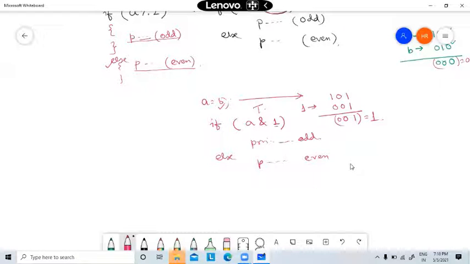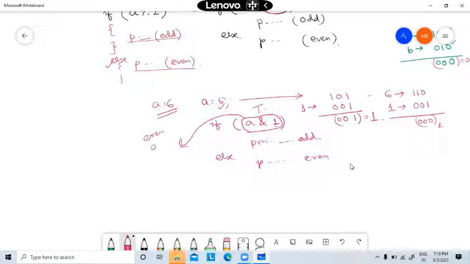Okay. Now suppose a is not 5, a is 6. It is even. So if I check the binary value of 6, it is 110, and the binary value of 1 is 001. If I perform the bitwise AND, it will give me 0. Okay, 0 means false, so it will move into the else part. So using this also, I can check whether a given number is even or odd.